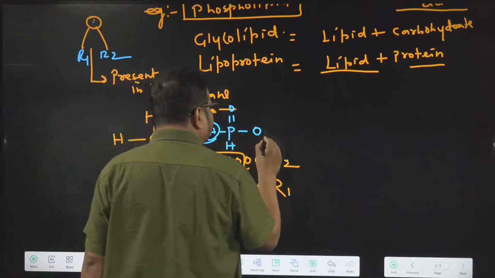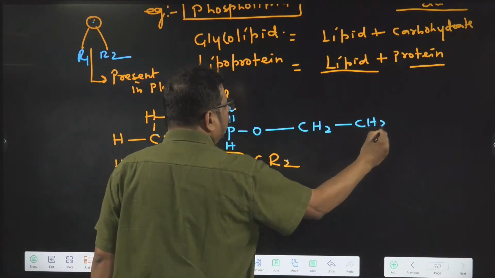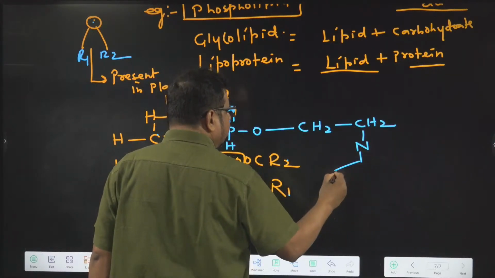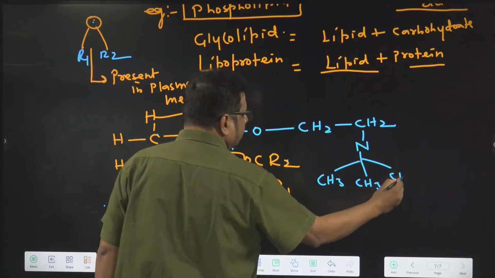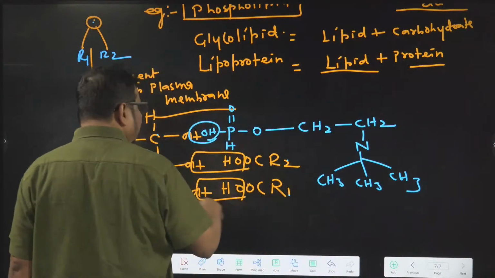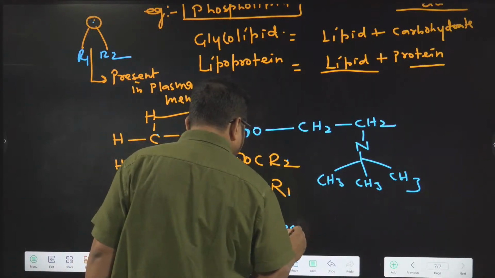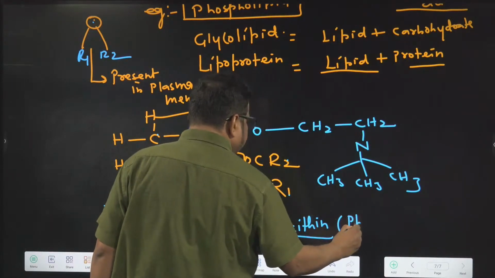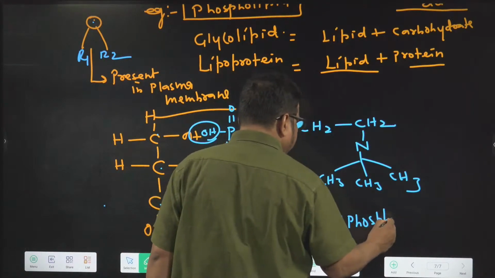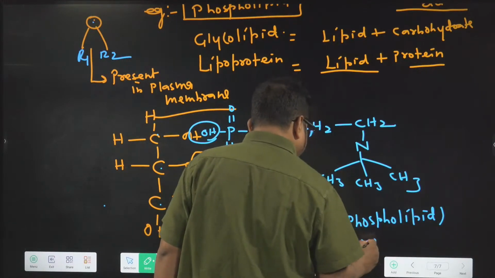After that, with this phosphoric acid, CH2, CH2, N, CH3, CH3, CH3 is joining. So this is also a phospholipid, and the name of this phospholipid is lecithin. The examiner will ask, what is lecithin? It is a phospholipid present in the membrane.